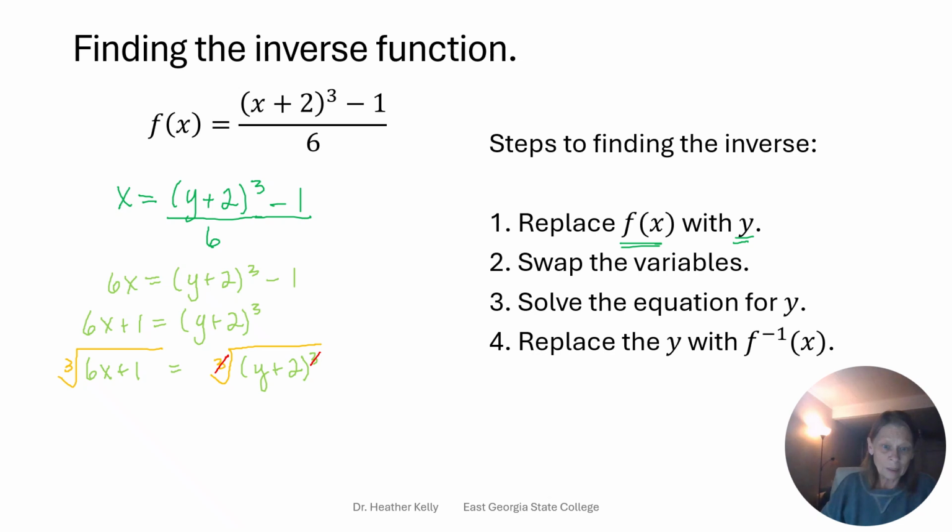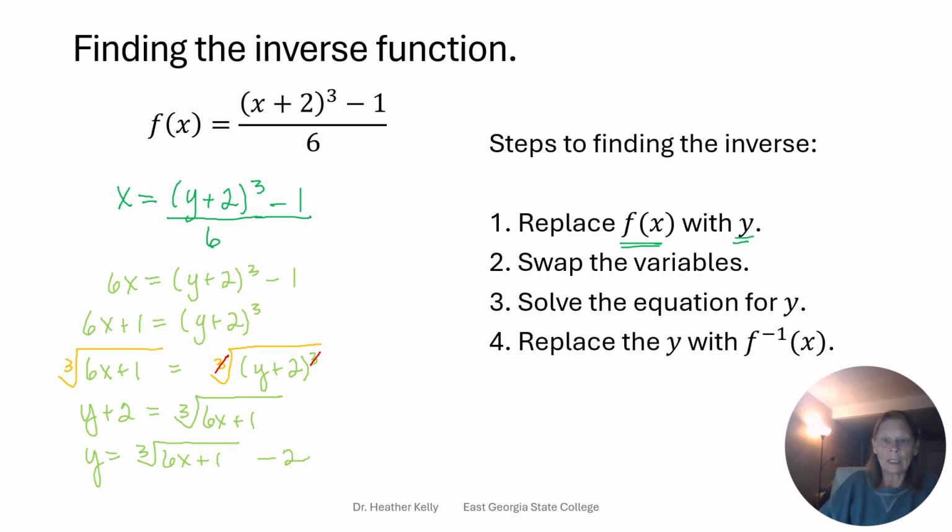And then usually at this point is when I flip the sides here. So I have y plus 2 is equal to the cube root of 6x plus 1. Bringing the 2 over, y is equal to the cube root of 6x plus 1, minus 2.